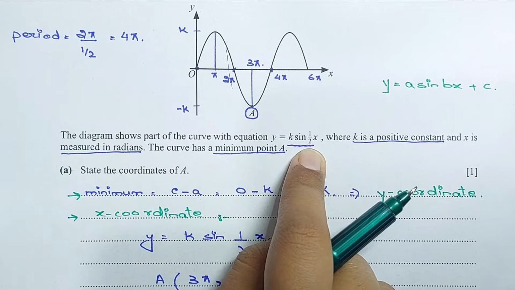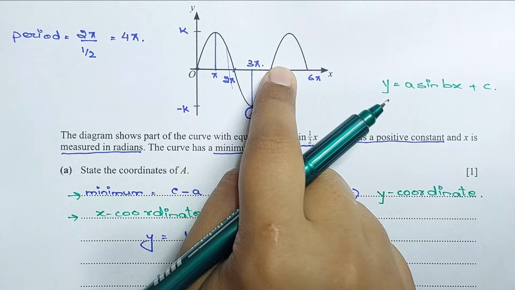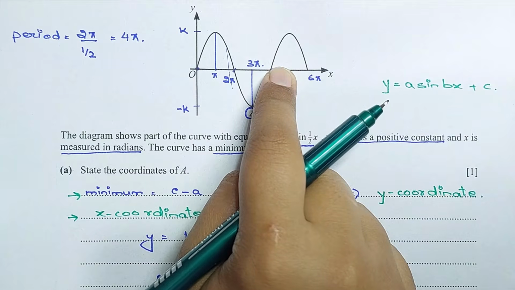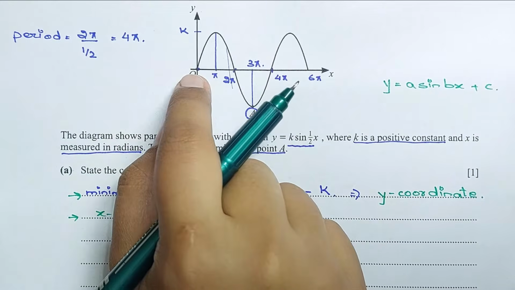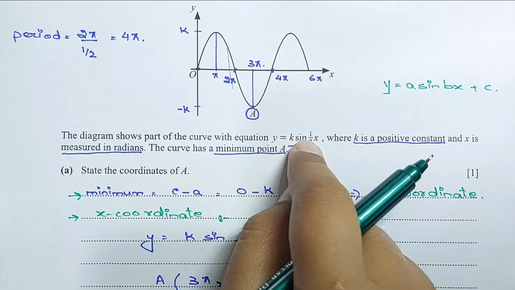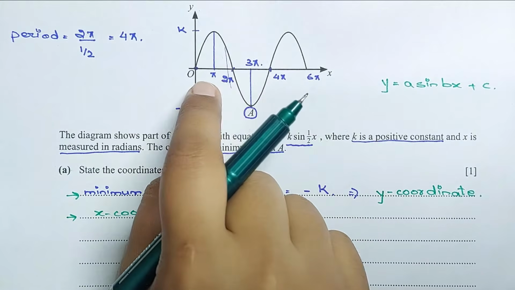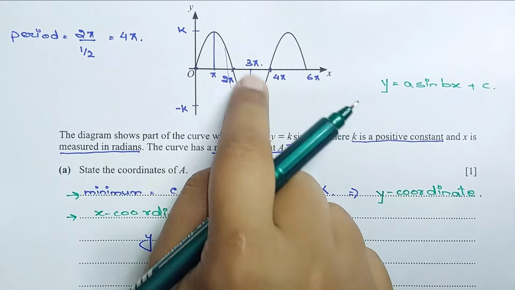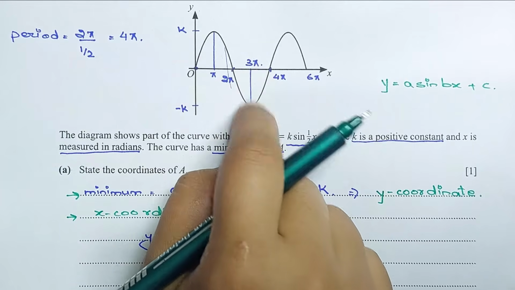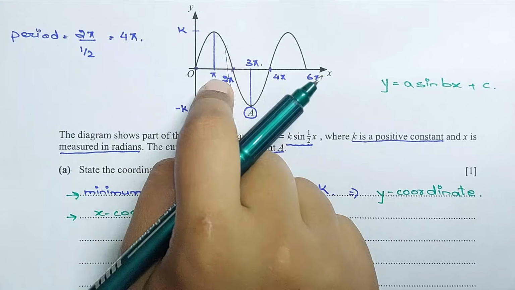We know the period is one complete cycle. From this point to this point is one complete cycle, and one complete cycle contains one maximum and one minimum. So this is 0, this is 4 pi. Since the periodic function is symmetrical, this must be 2 pi, and in the middle we have pi and 3 pi. So it is obvious that the minimum x coordinate is 3 pi and the maximum x coordinate is pi.